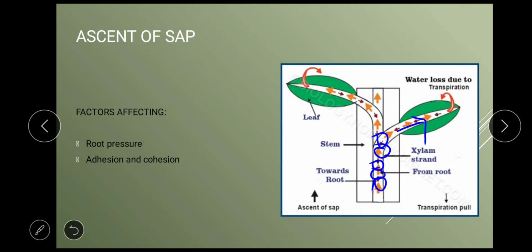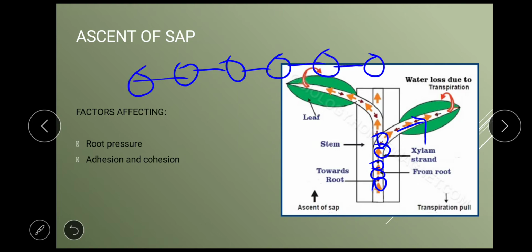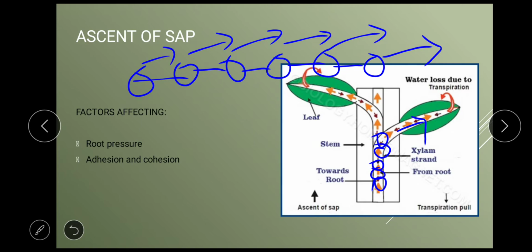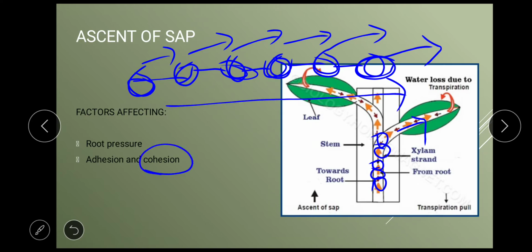Okay, so when water molecules are in continuous contact like this, they form a chain. Okay, so when one water molecule is pushed in this direction, all the water molecules will go in this direction. Okay, they are tied to each other. So this pull by one molecule to all the molecules, okay, all the molecules get pulled in this direction. This is called cohesion.